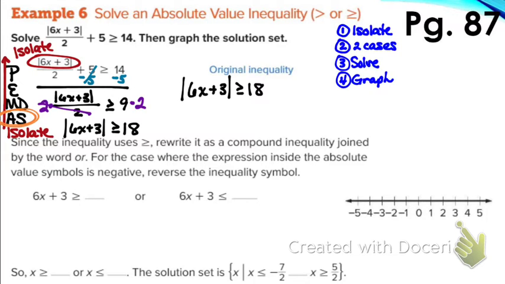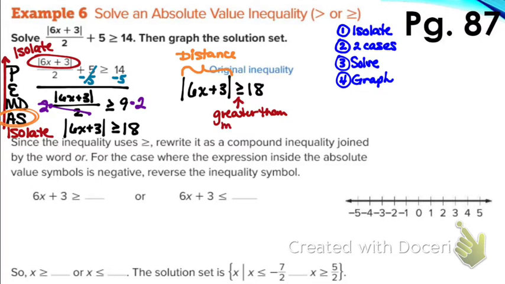Help me interpret this. What do these bars mean again? Absolute value. Absolute value means distance from 0. So this is telling me the distance is what? What's this symbol here? Greater than or equal to? Greater than. Give me another way to say greater than.